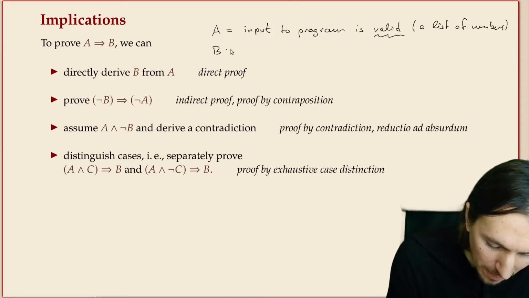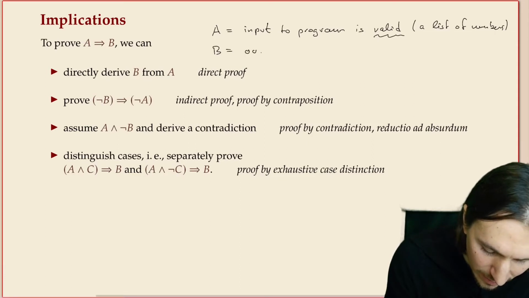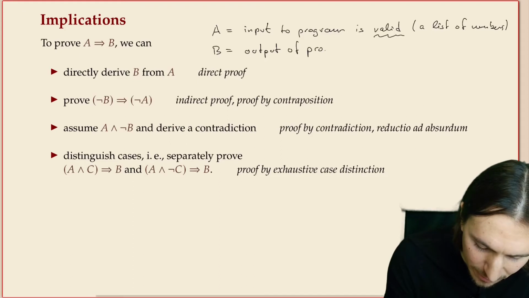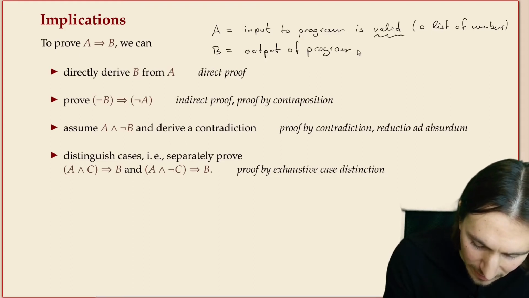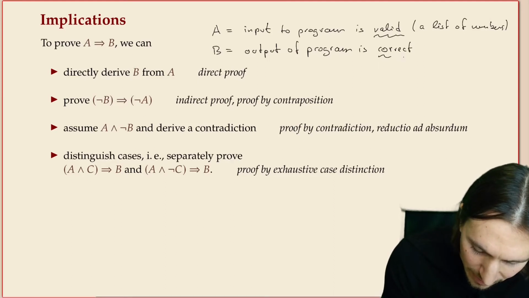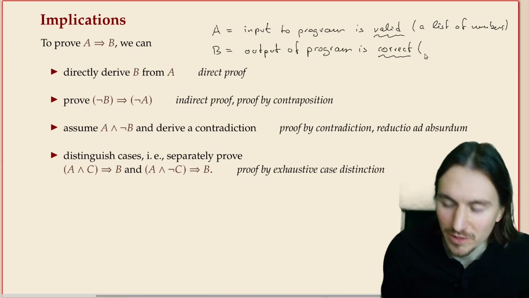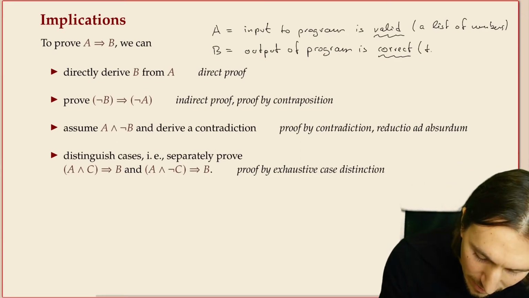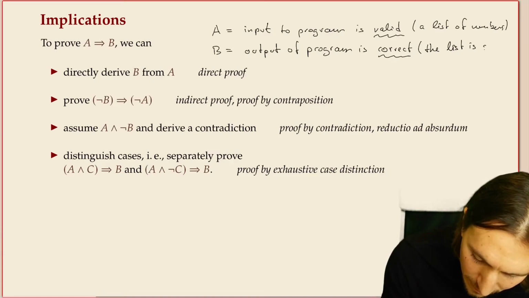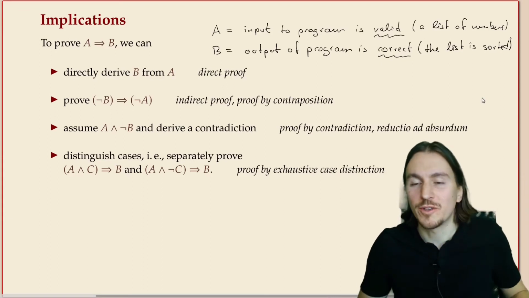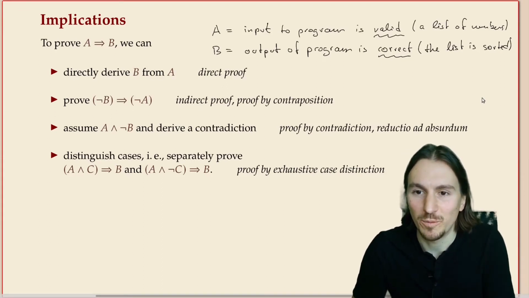Then B could be the output of your program is what it should be, is correct. And then again, that has to be substituted in a concrete instance by something that makes sense. Maybe the list has become sorted. That's one of the topics that we will talk about in a couple of weeks.